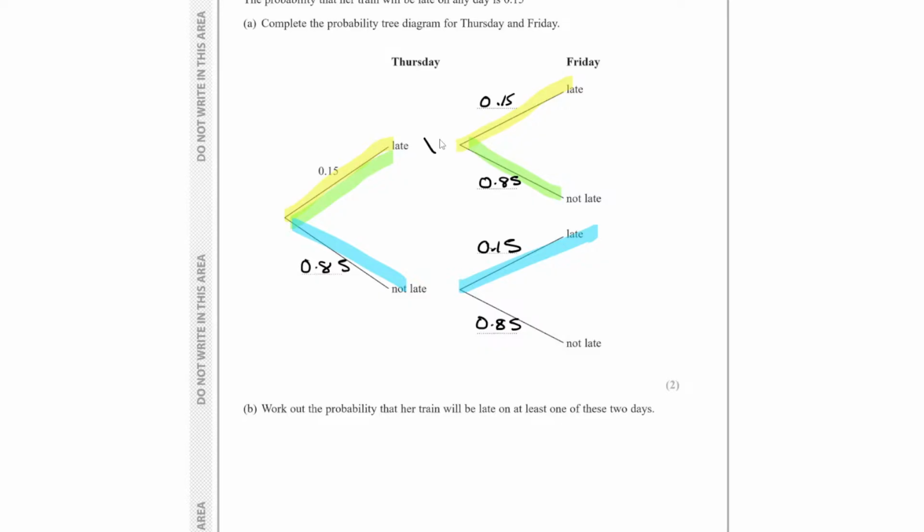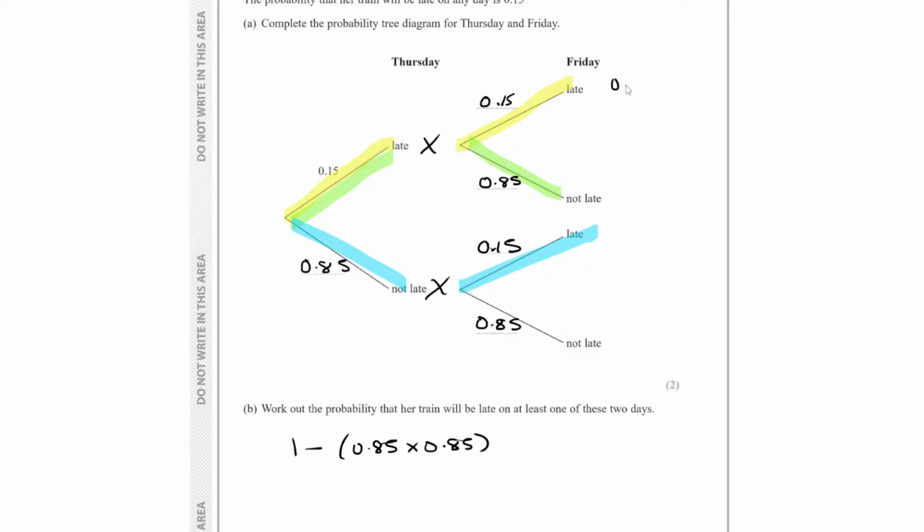When we're working with probability trees, we always multiply between the branches, so I'm just going to do the long method, but I'll show you both. Technically the other option is 1 minus 0.85 times 0.85, so 1 minus the not late, not late.